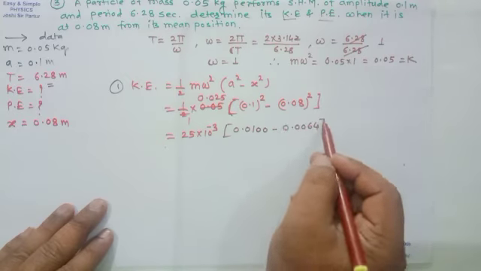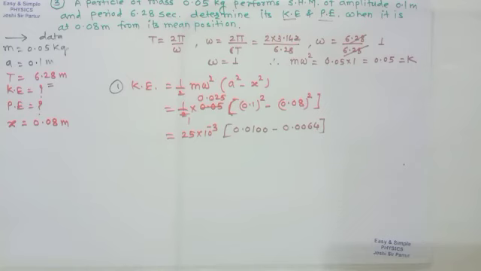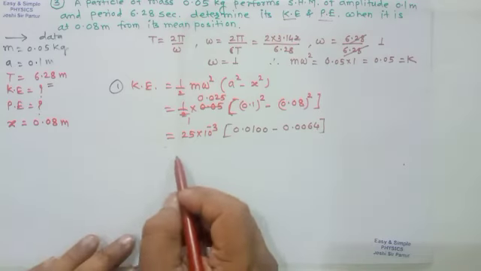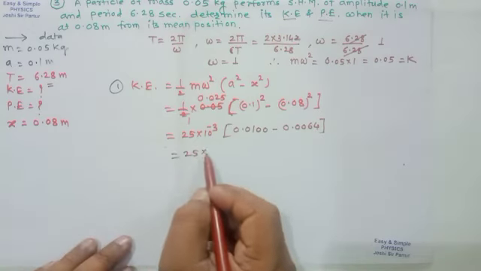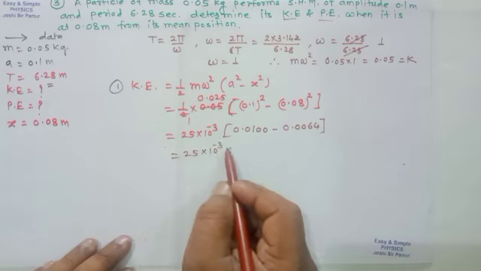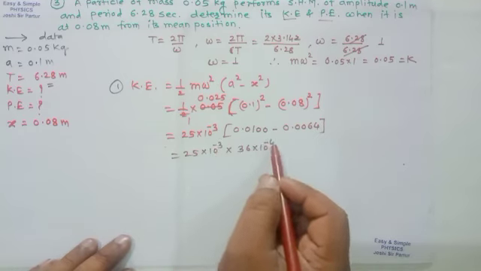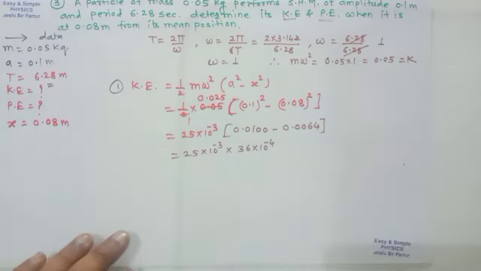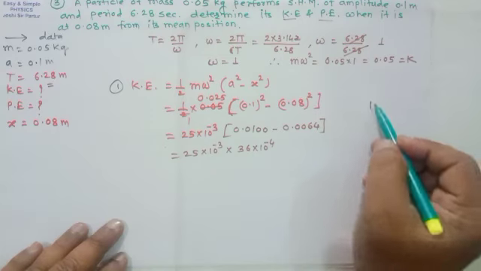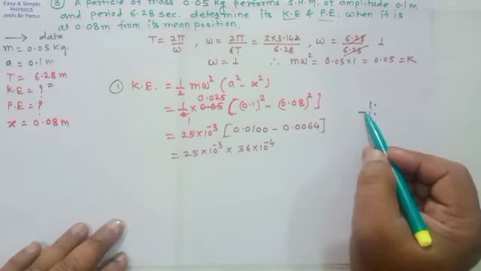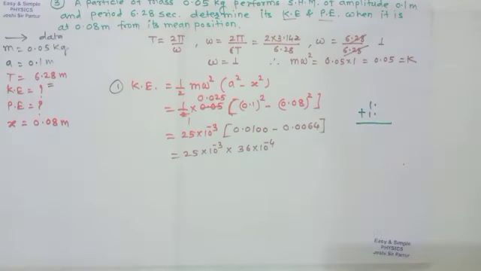0.0064. If we subtract, it becomes 25 into 10 raised to minus 3 multiplied by 36 into 10 raised to minus 4. So here we can use logarithms. Logarithm of 25, logarithm of 36, the characteristic will be 1.